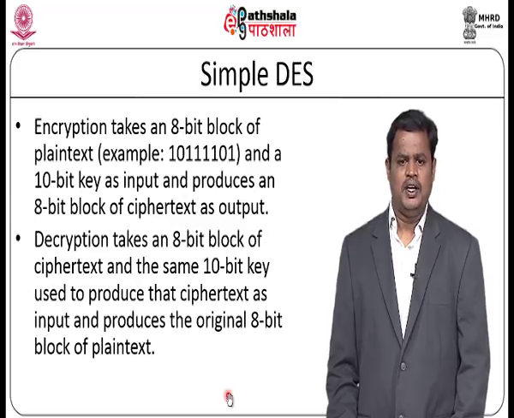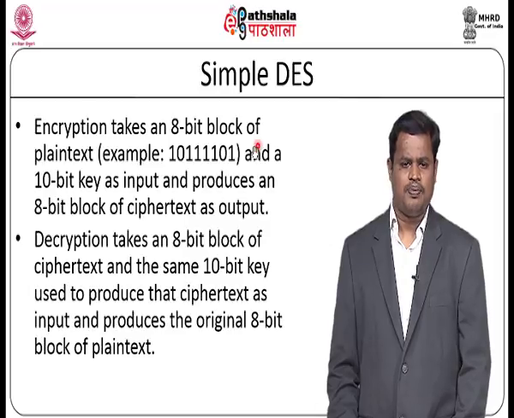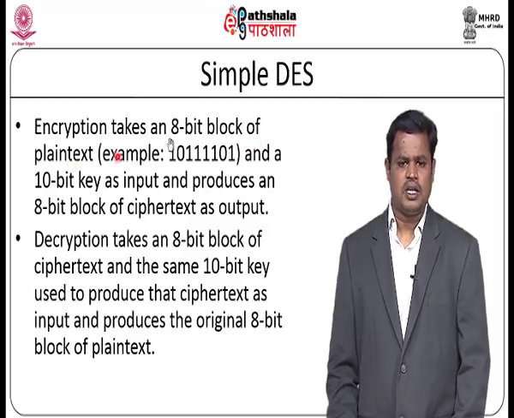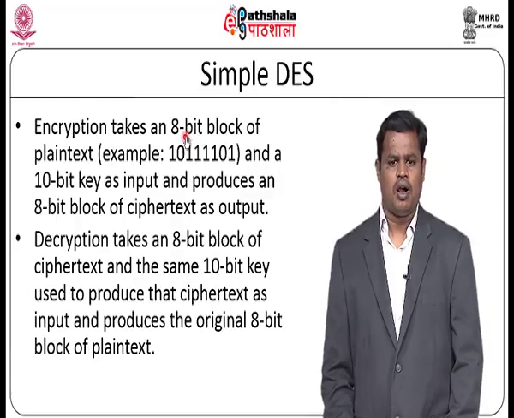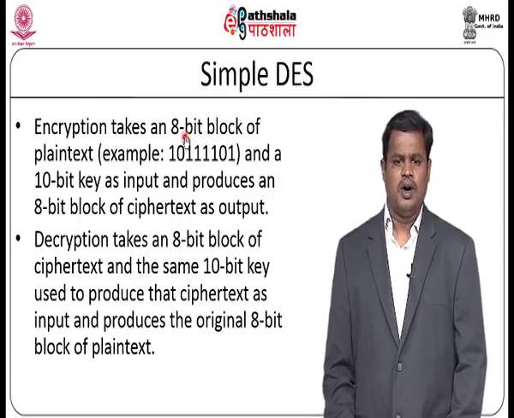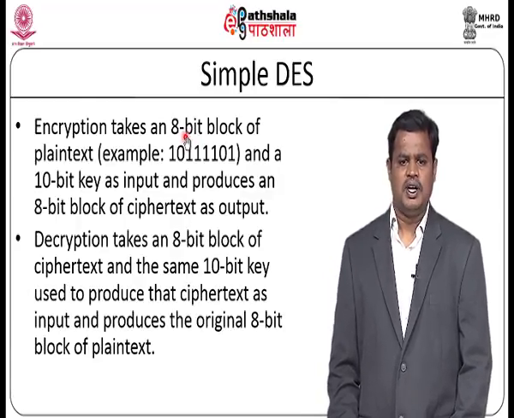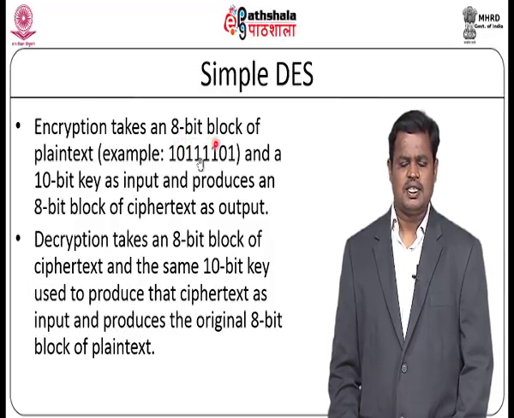But in the simplified DES, for study purposes, we are going to consider that the encryption operation takes only an 8 bit block of plain text, whereas in the actual encryption algorithm DES takes a 64 bit block. Now, the simplified version, simple DES algorithm, takes an 8 bit block as plain text.